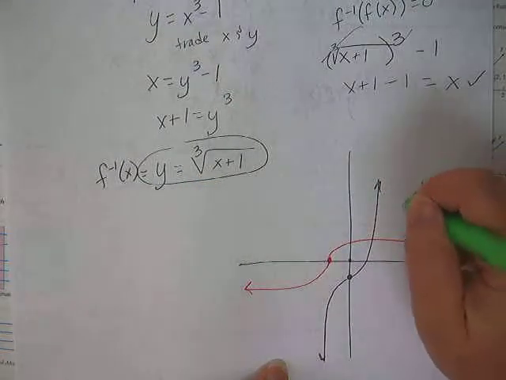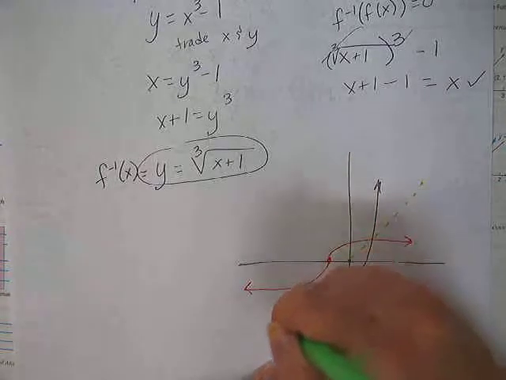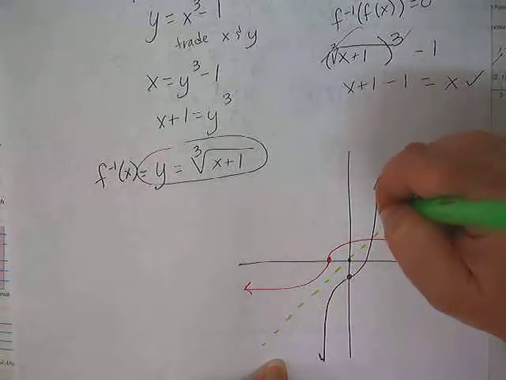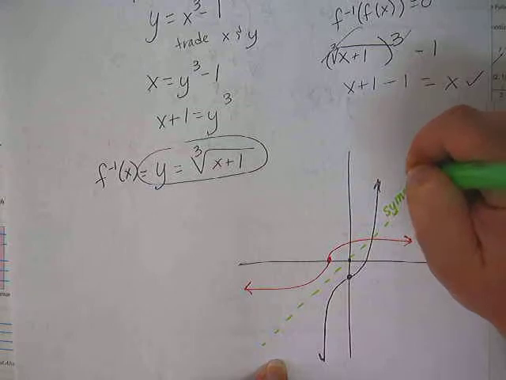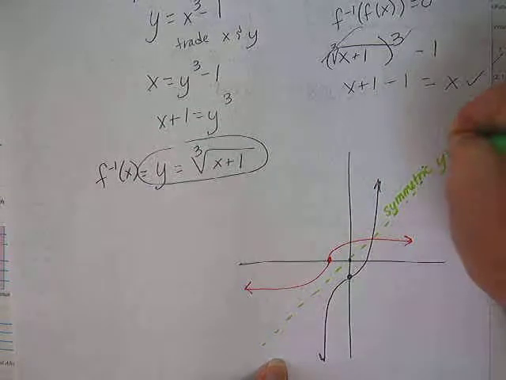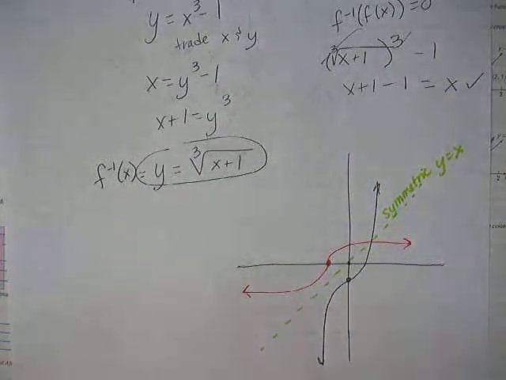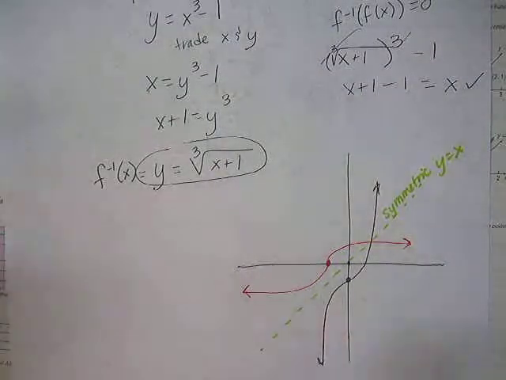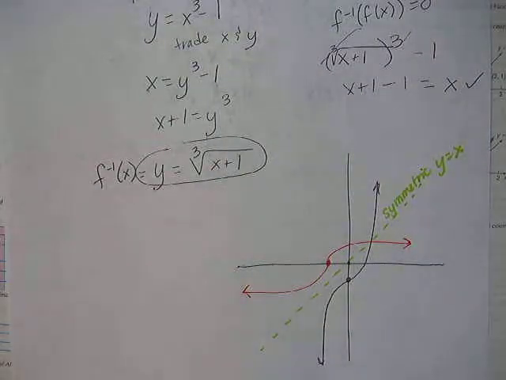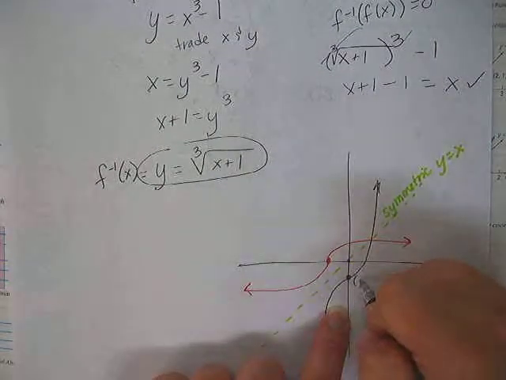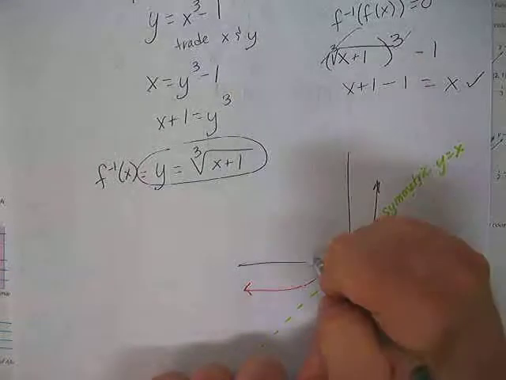Anyway, now in order to check to see if those really are inverses of each other, the x's and y's have traded values as long as it's symmetric along the line y equals x. That's where x and y would be equal, so if we're trading x and y, then they would go to opposite sides of that line.